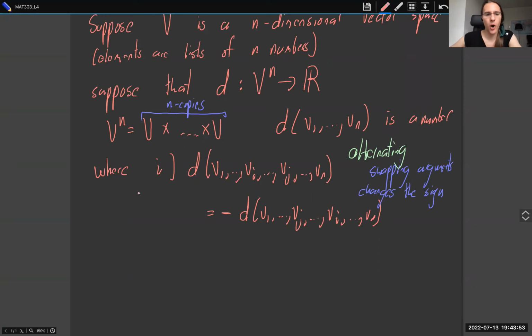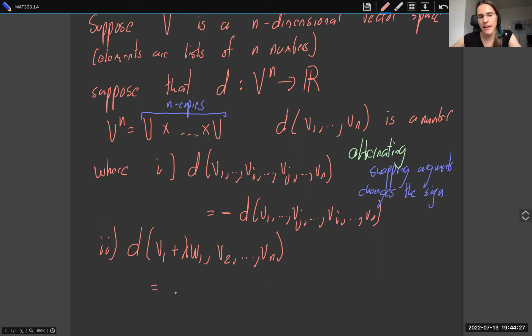And the second property that d is going to satisfy is that if I take d, and I'm only going to state this in the first position, and it'll be true in every other position because we can swap, and then we can swap back. So let's suppose that I have v1 plus lambda w1, and then I just have v2, and then I go up to vn. So suppose that in the first position, it's a sum.